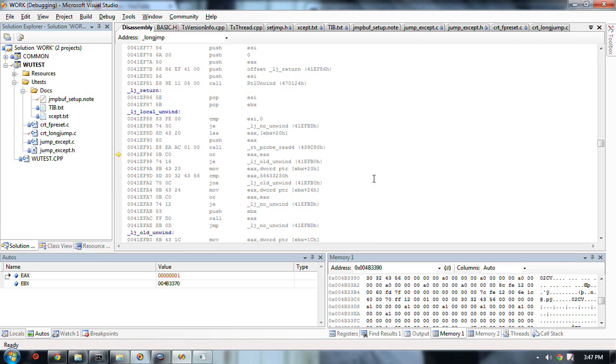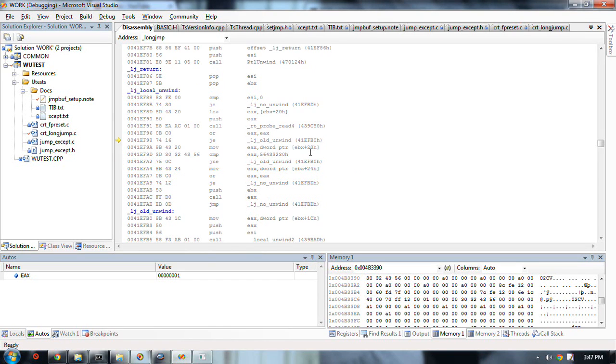Different person came in, made a modification. Check AX. I would assume that would mean a false. We're not able to read cookie from n. If equal, go to old unwind. If AX comes back 0, now I don't know.